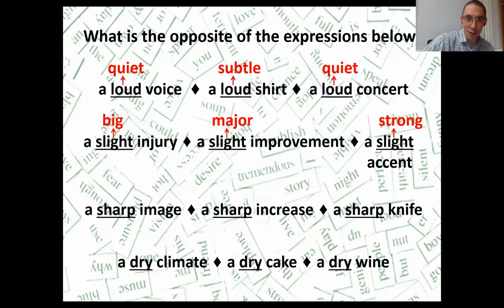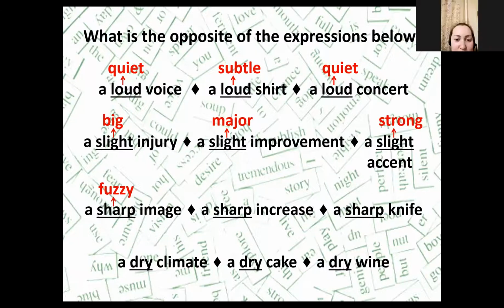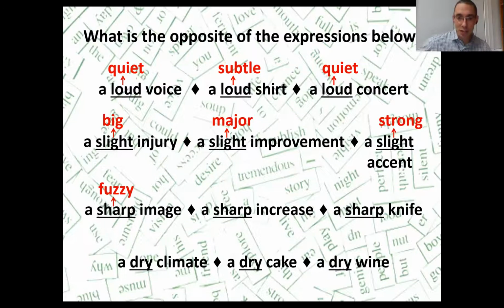Difficult, yes. It's the image that you see. It's not very good. It's difficult to see. We call this blurry or blur? Yes, exactly. We'd call it fuzzy. Fuzzy image. Blurry is another good word. Blurry image, fuzzy image. You guys are fantastic.